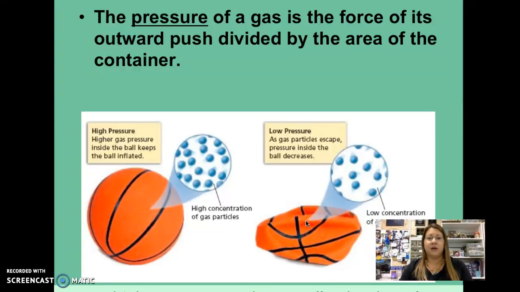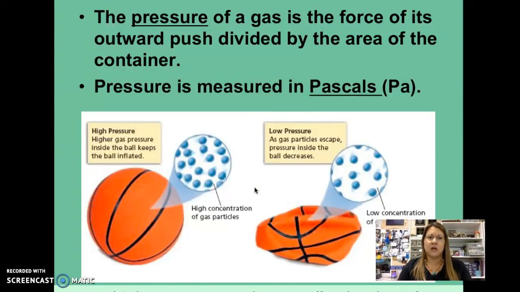It needs to have air pumped into it in order for it to exhibit the appropriate amount of bounciness, right? These particles will escape through time, because usually the containers, like a basketball or a football or balloons, allow for those small gas molecules to escape over time.